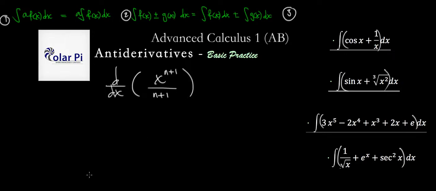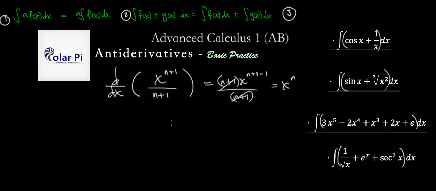You saw the deal with plus c: it gets lost in differentiation if you have a constant added to anything. You only need to worry about the derivative of that other thing, not the constant. So what is this? It's going to be n plus 1 times x to the n plus 1 minus 1, and of course I have the n plus 1 in the denominator, and this n plus 1 is just one number, the same number as here, so these guys cancel. N plus 1 minus 1 is 0, so we get x to the n.